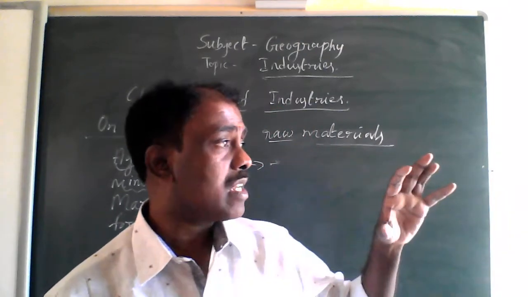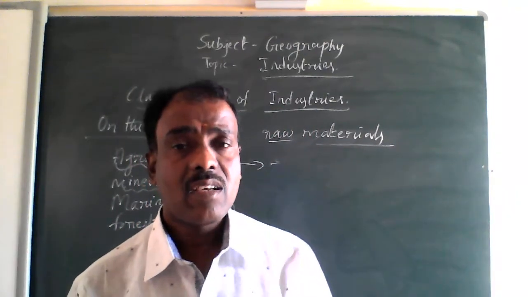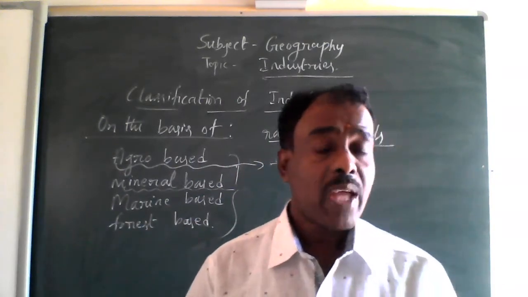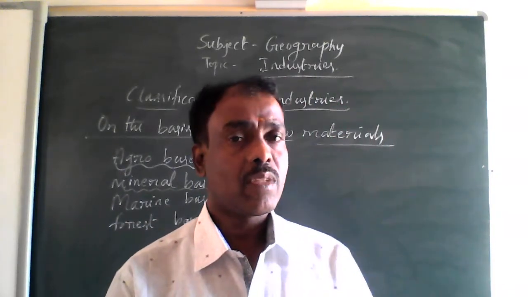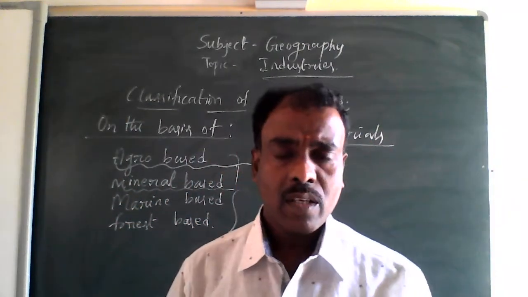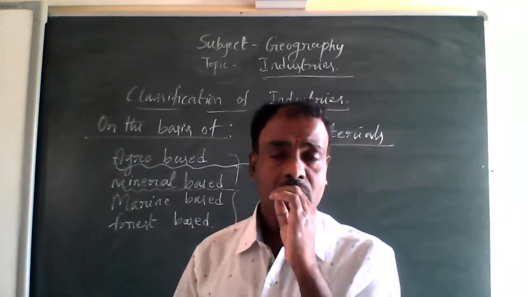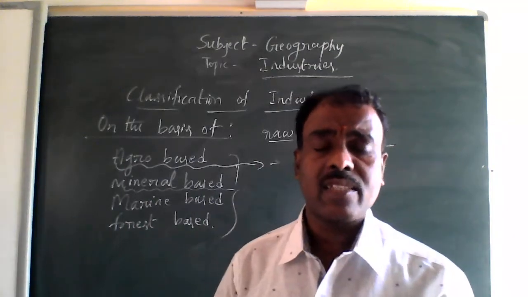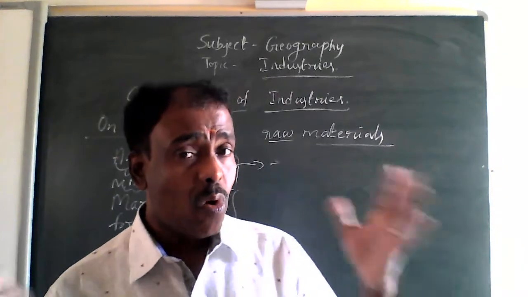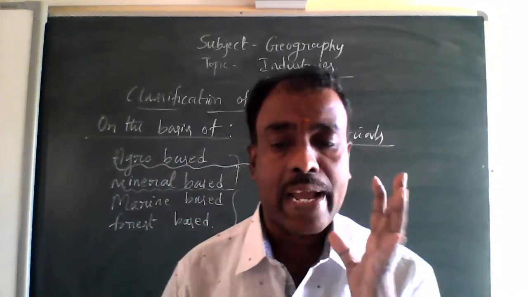Whether it is building construction, your own use, or even the agricultural field, and even motor coaches, the maximum of the machineries which are used in different industries are almost all made of iron only.